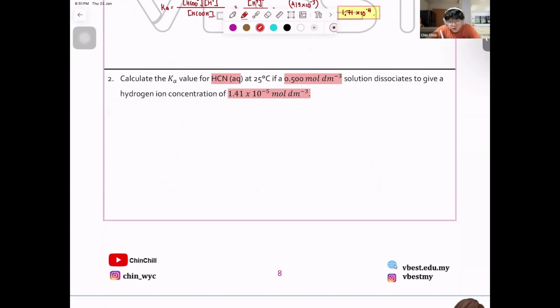I would say it's the same question. Please share your answer, guys. 3.98 times 10 to the power of negative 10. These two questions are pretty straightforward. Please check. I hope you guys get it right.